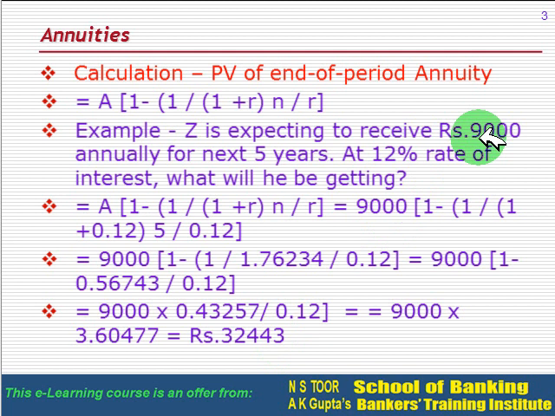This 9,000 to be received for the next 5 years would be 45,000, but its present value at 12% rate of interest will be 32,443. So this is the present value of end of the period annuity.